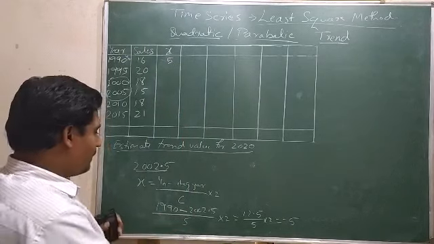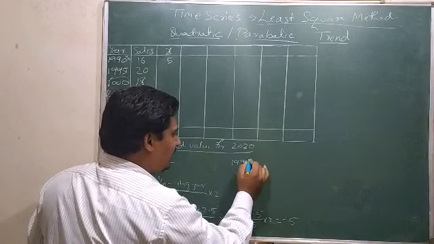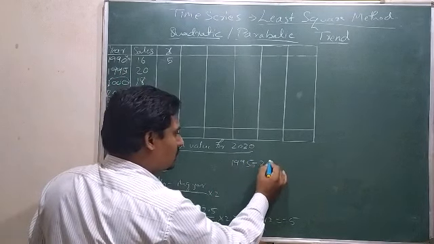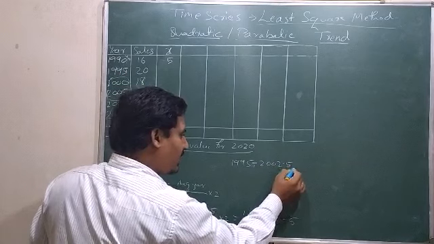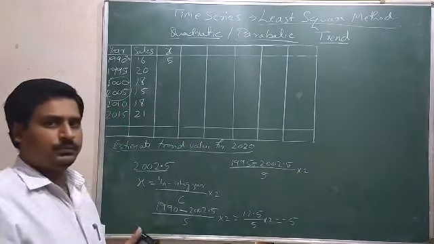In the same way, for the second year, 1995 minus 2002.5, divided by width 5 into 2.